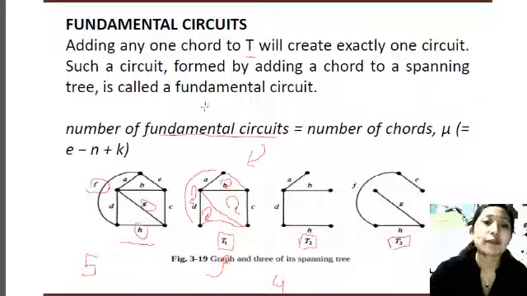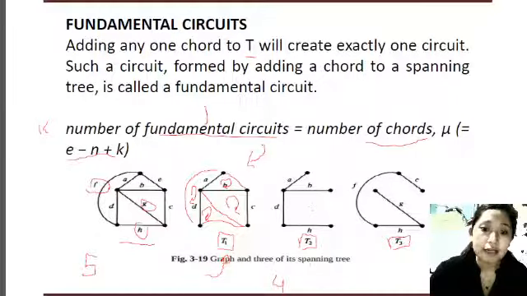So the number of fundamental circuits will be equal to the number of chords. You can calculate the number of chords using the formula E minus n plus k. If the graph has more than one component, then the number of components is called k. So the number of fundamental circuits with respect to each spanning tree will be equal to the number of chords.